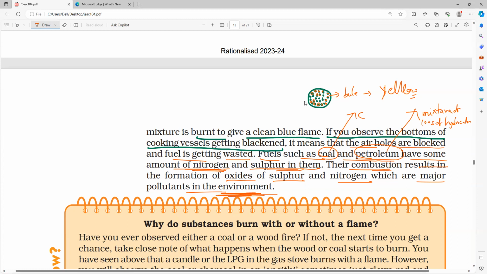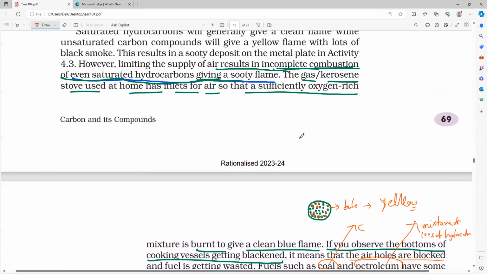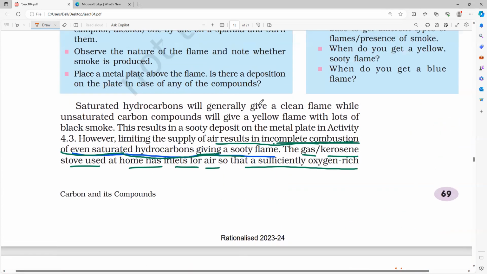So, a very important point. If you remember, saturated hydrocarbons also will produce a sooty flame. When? Anybody? When there is no sufficient supply of oxygen. Do you all understand what I'm saying? Everybody? Please respond, guys.